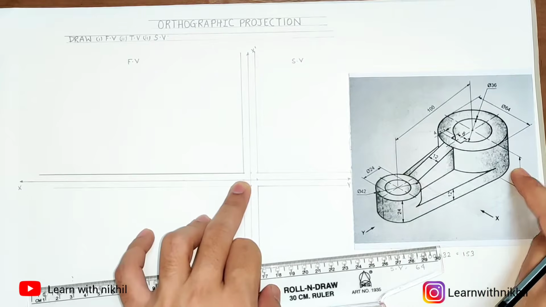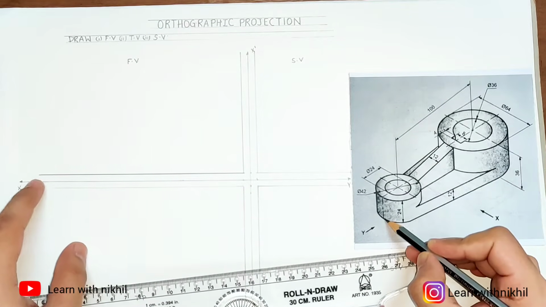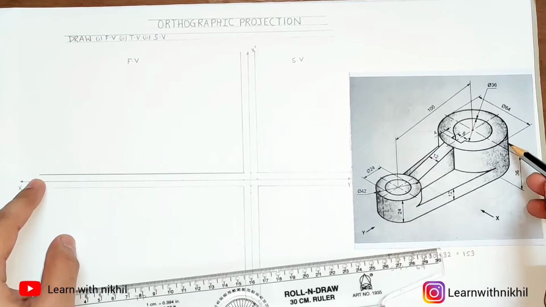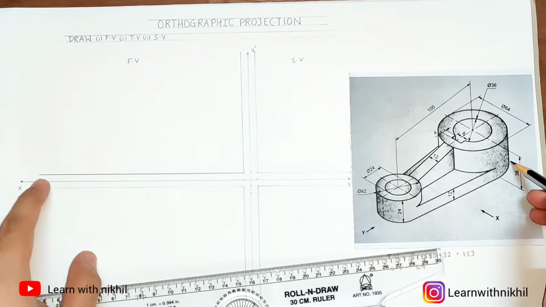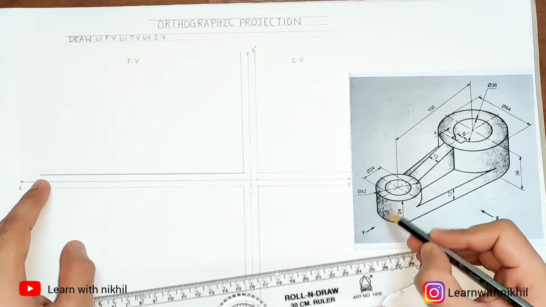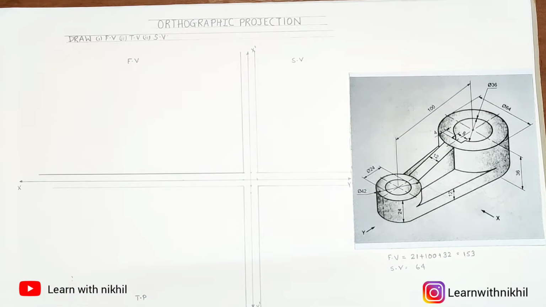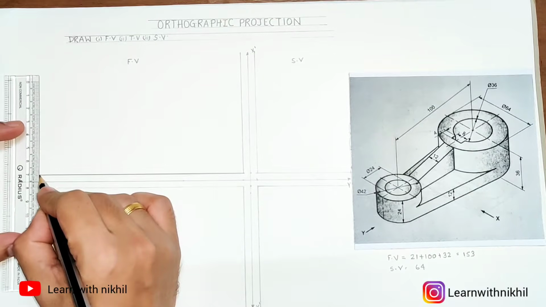So this is the straight line which will look from the front view. So the total distance 153 is from this point to this point. Now from this point the height is 24 millimeter. So we will draw straight vertical line of height 24 millimeter.